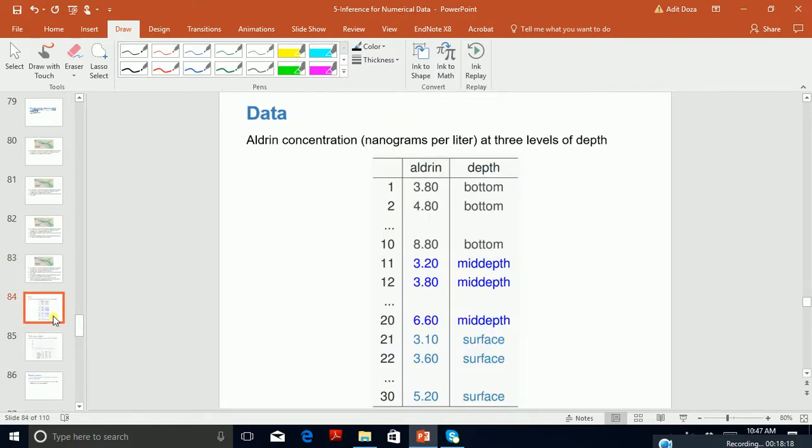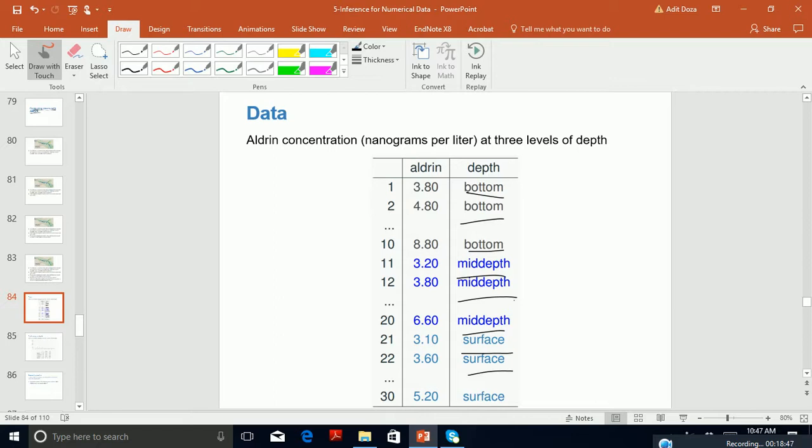So let's see how they have measured. Okay, so they found the aldrin concentration in nanograms per liter, measured at three levels of depth: the bottom, the mid path, and the surface.